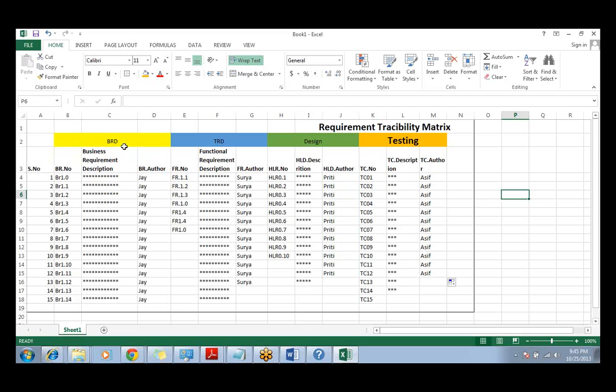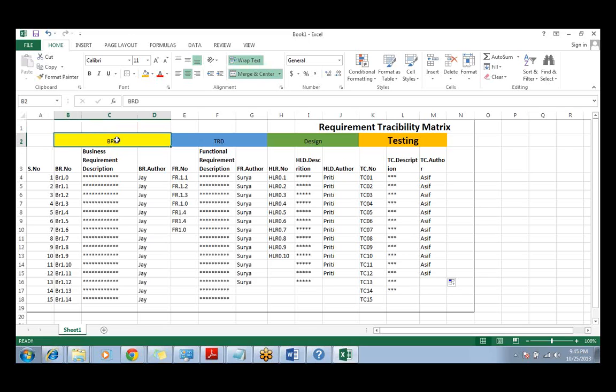Once you complete the business requirement document, you complete this document and send it across to the technical team who is going to do the technical requirement document. So you complete the business requirement document, then create this template and fill this piece of information, and send it across. So this piece of information is ready by your business requirement document.